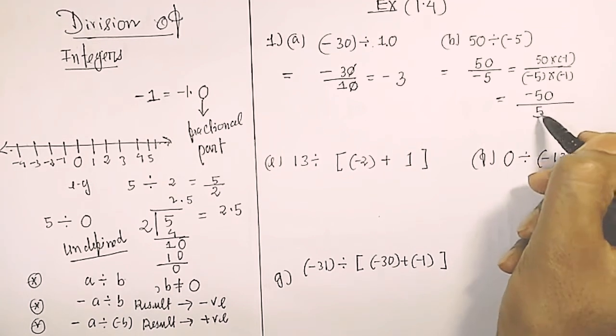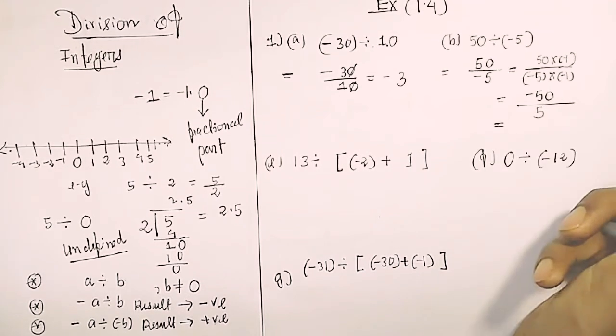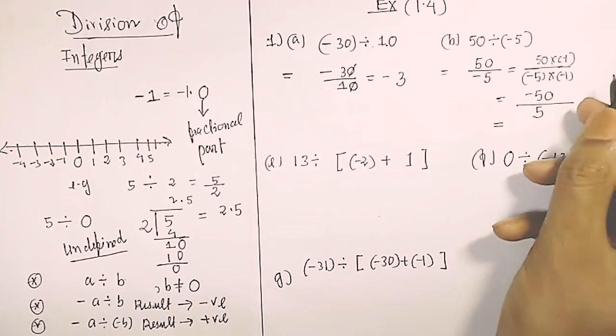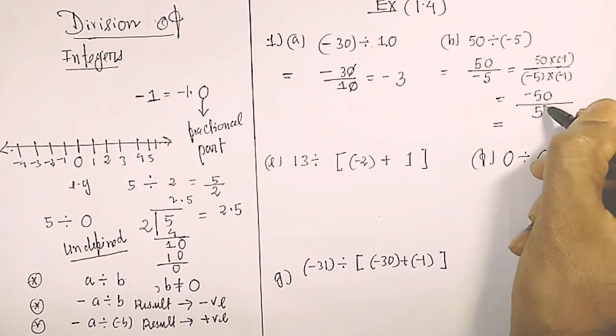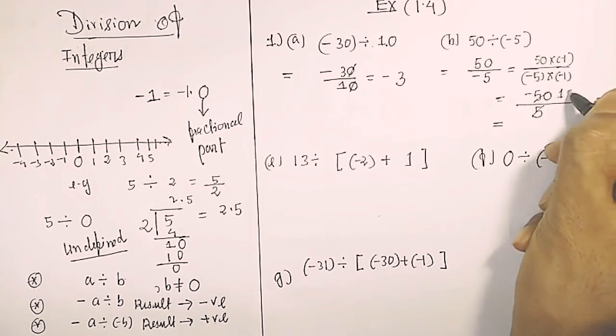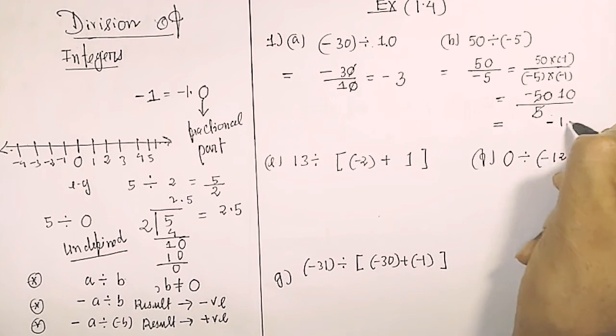Now minus 50 divided by 5. So what should be the result? You can divide or you can do the cancellation also. So the answer is minus 10.